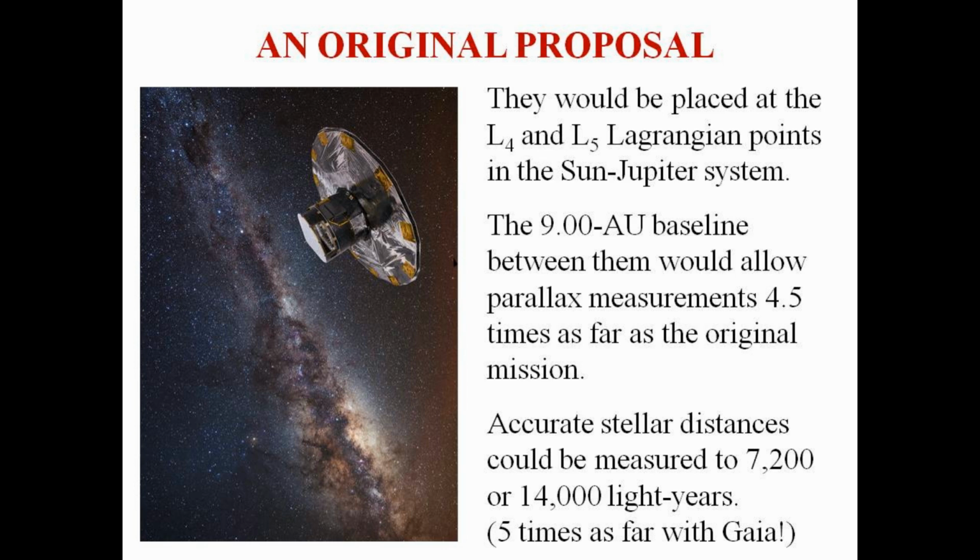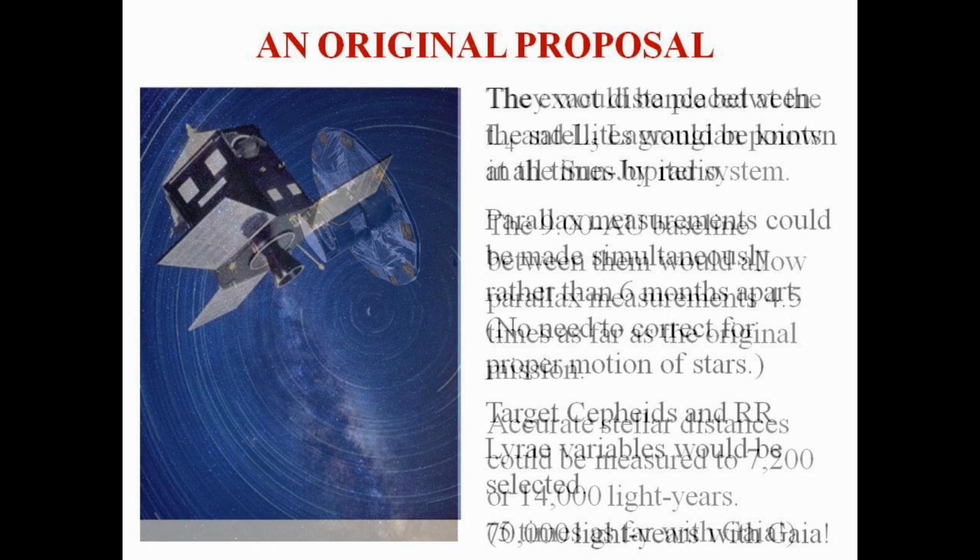And that would allow, just with the Hipparcos satellites, distances to 7,200 light years for the 2 milliarc seconds, or 14,000 light years if we had 1 milliarc second accuracy on some of the stars there. And supposedly the Gaia probe has higher resolution detectors and can measure 1/5 as much parallax as that, so 5 times the distance from that.